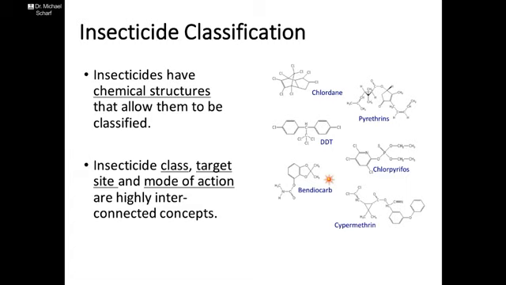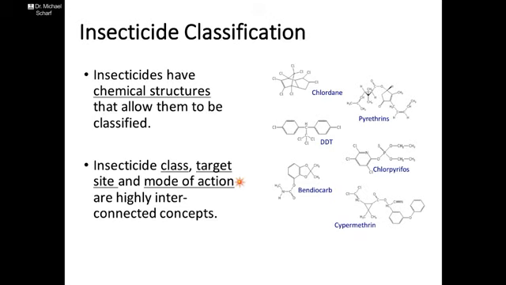It's very straightforward. And the reason I'm belaboring this point is that these different chemical structures allow them to be placed into a class, but then that's what dictates what kind of target sites they interact with, which in turn impacts the mode of action of the insecticide.